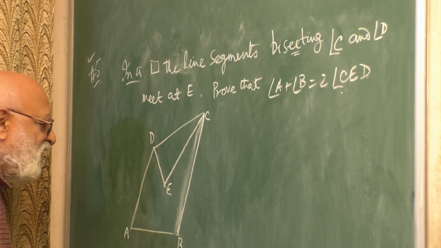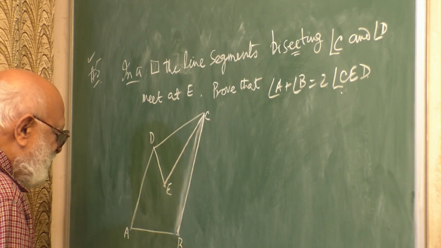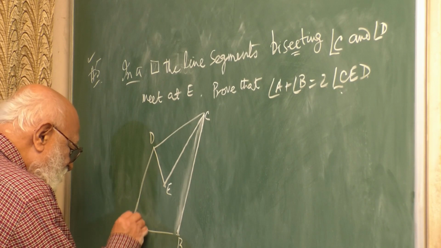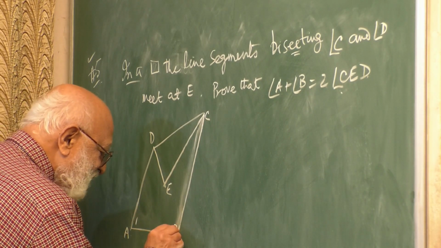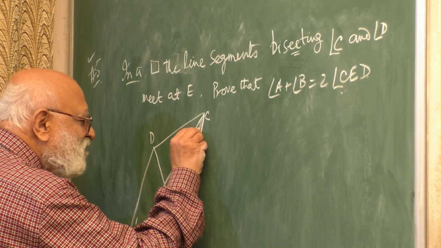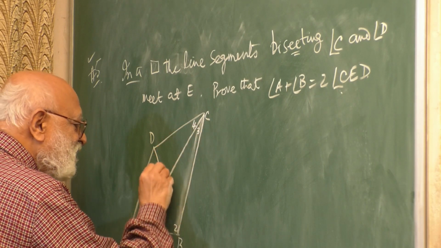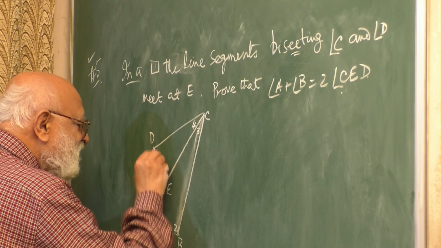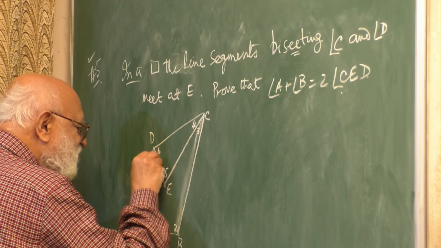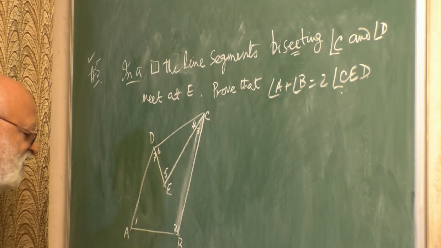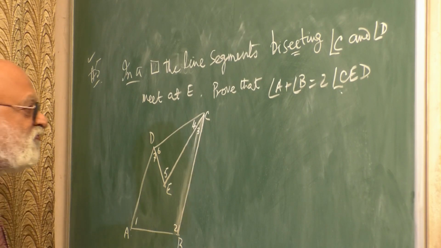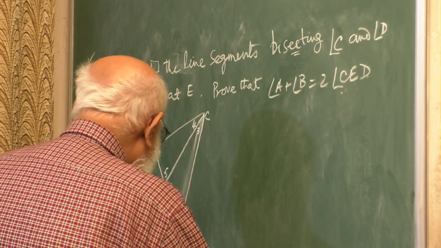Okay, now let's go by numbering. So I will go angle number 1, angle number 2, angle number 3, angle number 4, angle number 5, angle number 6, angle number 7. So in this notation, what do we have to prove?